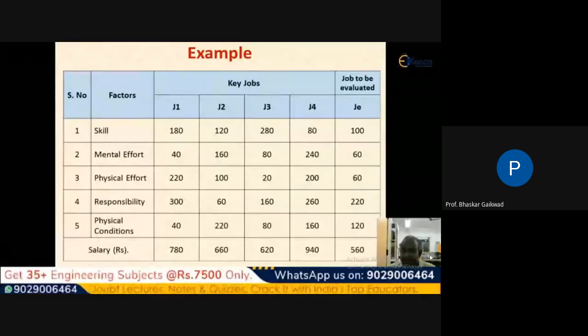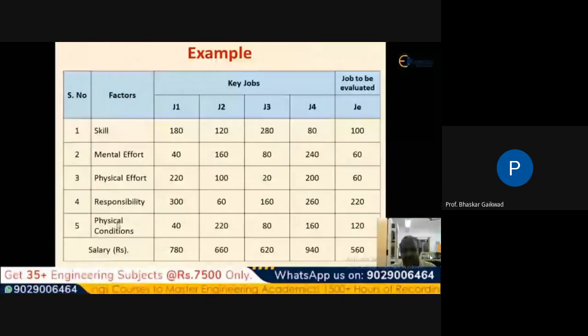J3, obviously, I am going to pay him less. But compared with J4, he can be paid more because J4 requires some skill, but JE requires some more skill to perform. So I can pay him 100 rupees. This strategy is employed for all the other factors like mental effort, physical effort, responsibility, and physical conditions.